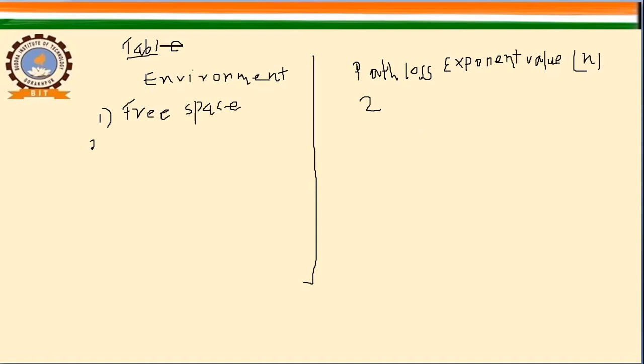The second is the urban area. The value is 2.7 to 3.5.